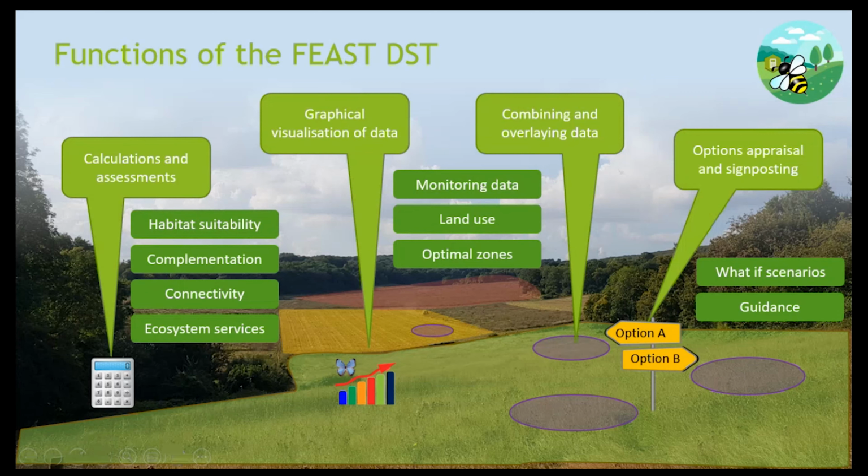As you'll see, it has a mapping interface, so we can put everything on a map, and that might be the monitoring data, various land use activities, or optimal zones that we can identify. We can combine and overlay data, so we can take our habitat suitability assessment and overlay it with monitoring data. And then we've got options appraisal and signposting functions, so we can explore what-if scenarios, and then direct people to relevant guidance, as mentioned earlier.